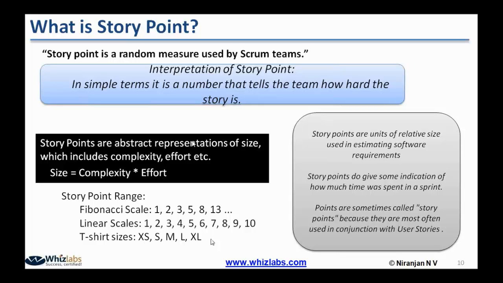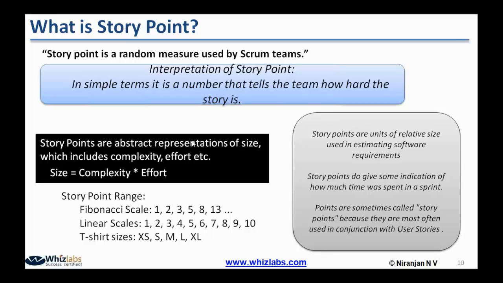So you can make use of this t-shirt size to determine the size of the user story. Like if you feel a particular story takes very little effort, let's say less than a day or less than half a day, 2 hours, 3 hours, that is the smallest amount of effort a particular story takes. Then you can treat them as extremely small.